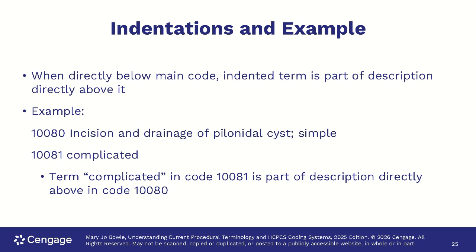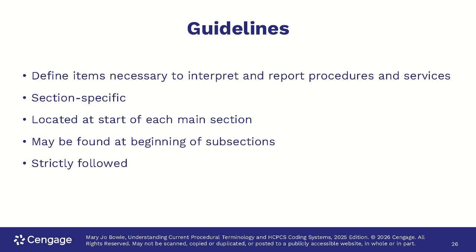I've already talked about this, but basically, that standalone code is going to give you that full description, and then you're going to drop down to pick up the part for your code. There are options where the procedure can be done on different nerves. So you have the standalone code, and then you have all these different nerves. You pick the one for your patient. You will have lots of opportunities to practice that, so not to worry.